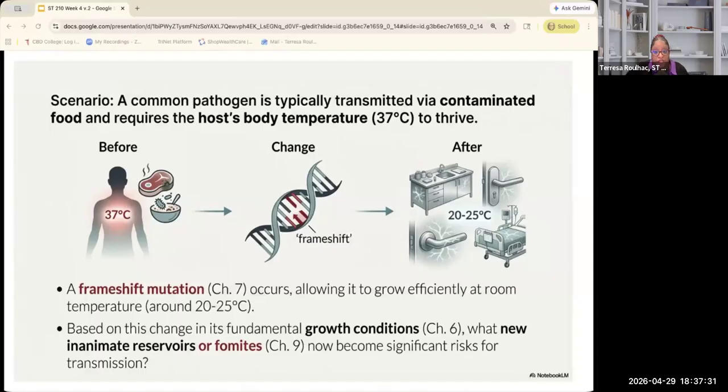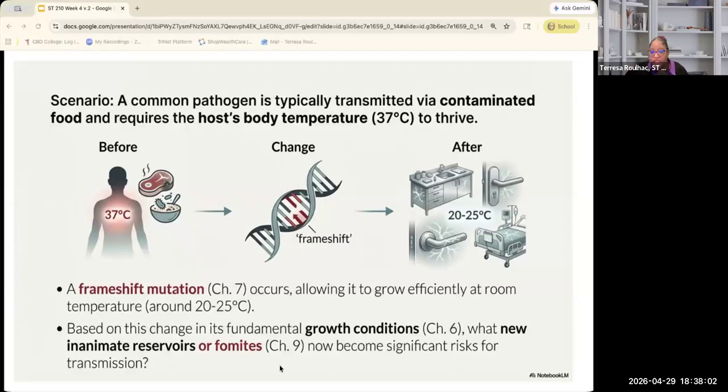And when reservoirs change, infection control priorities must change. If a microbe can survive on surfaces at room temperature, then instrument handling, environmental cleaning, even our flow of traffic in the operating room and time outside sterile fields has to be adjusted. All takes on a new importance.